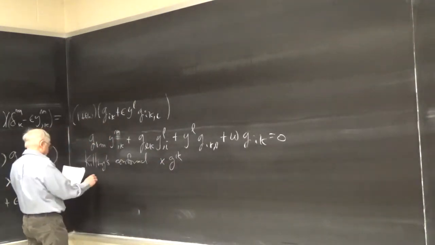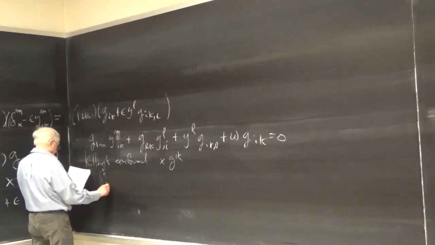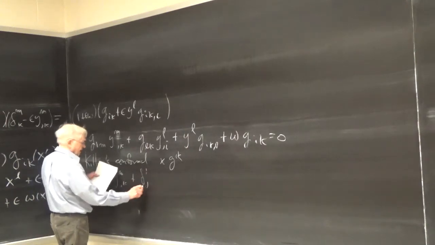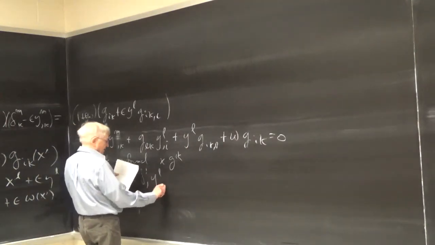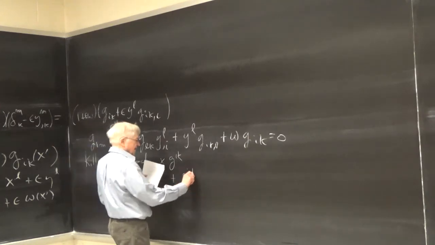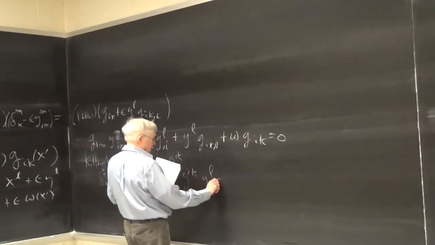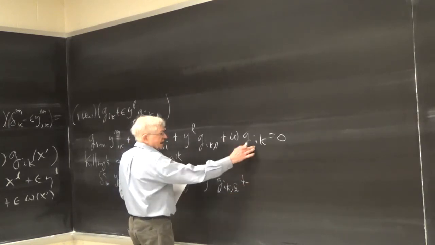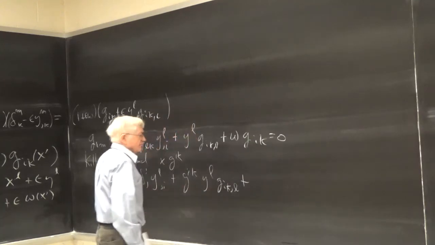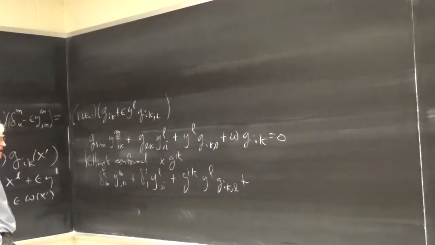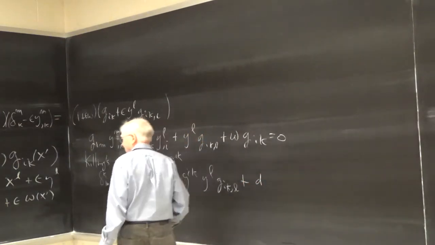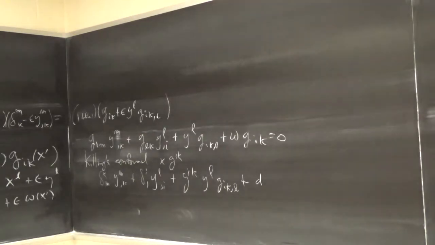and what you get then is delta^k_m y^m_{,k} plus delta^i_l y^l_{,i} plus g^ik y^l g_ik,l plus, and over here you get 4 omega in 4 dimensions, but you get d omega, and let me write this as omega d, so we don't think of d as a differential.